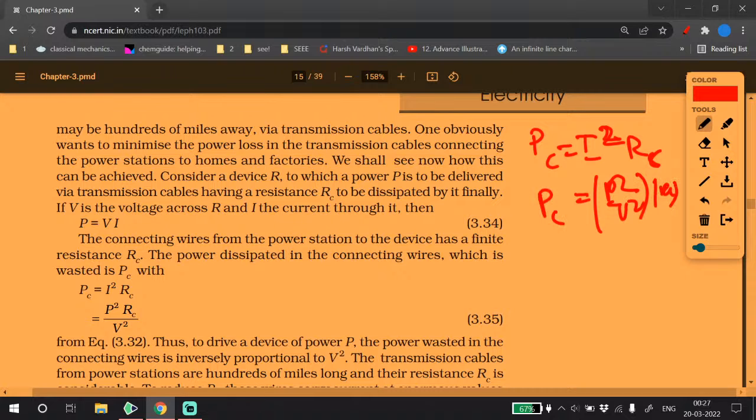So these are constants. P is determined by the power required at the station, and RC is constant because the wire is a resistor. Now PC is the power dissipated through the wire, and V is the voltage across the wire.